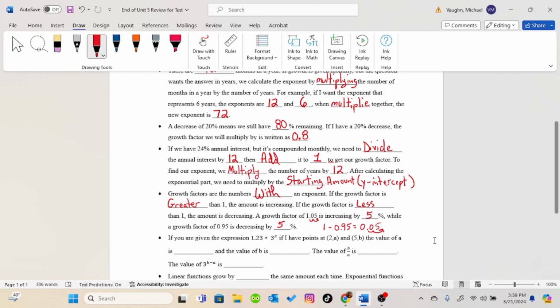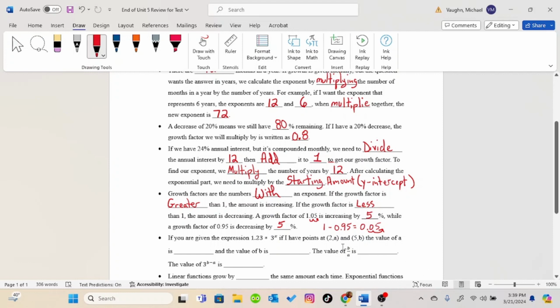If you are given the expression 1.23 times 3 to the power of x, if I have points at 2, a and 5, b, the value of a is blank and the value of b is blank.